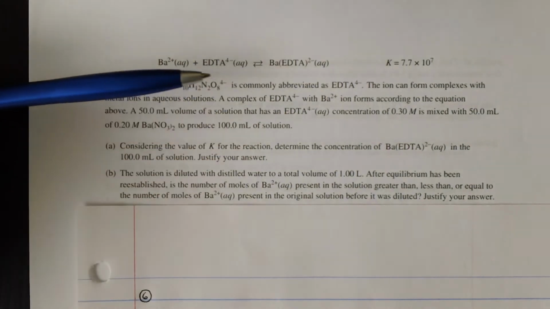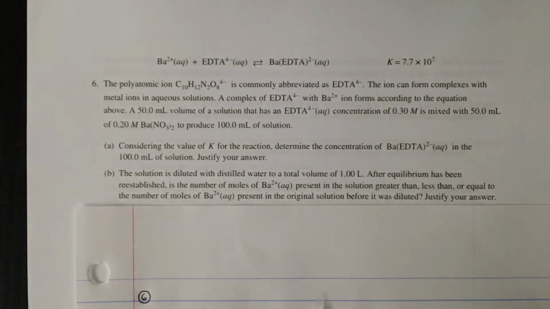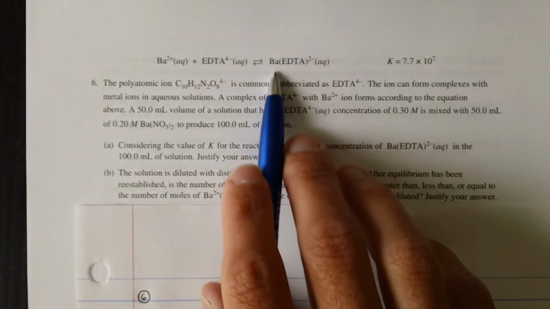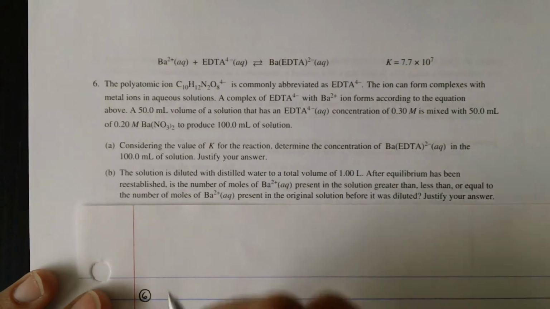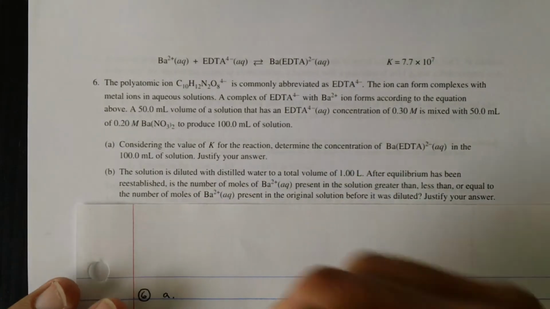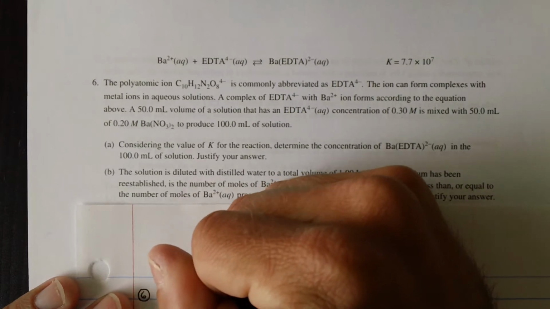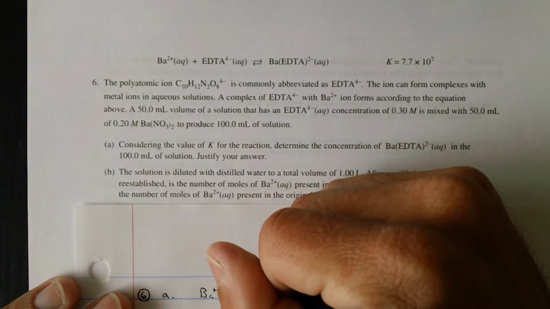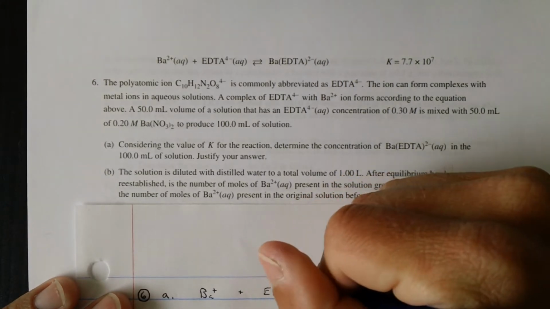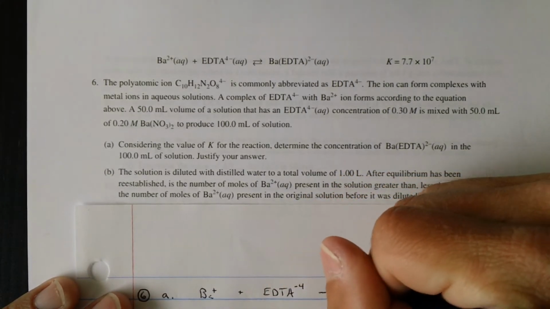It favors the products so heavily that at that big a K, we would just say this reaction is going to go to completion and form all products. If you can understand that it's going to completion, it's not that hard of a problem. We've got barium ions reacting with this EDTA to produce this compound.